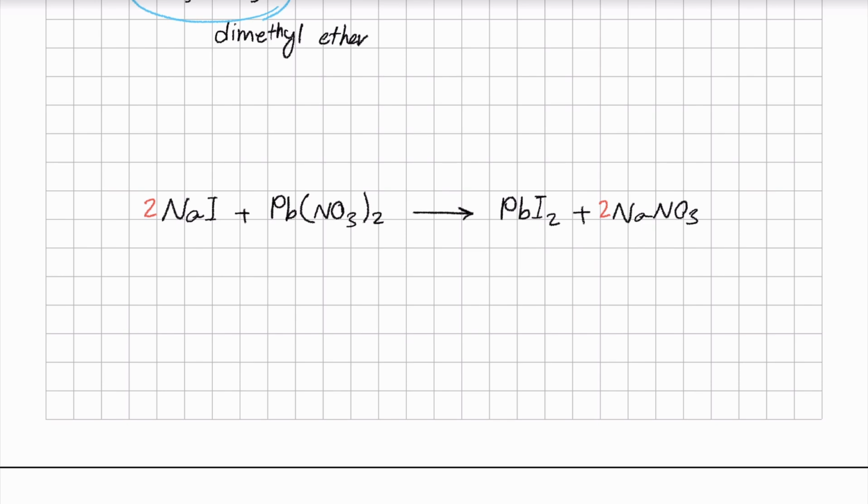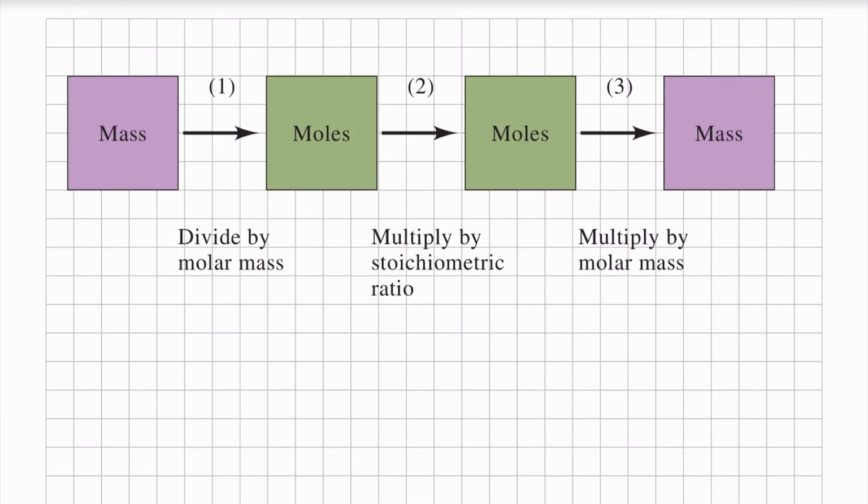So by knowing the equation, which is balanced, we have the ratio of the substances that we need, whether they are in the reactants part or in the products part. In other words, we can say by knowing the mass of the reactants, we can calculate the moles.